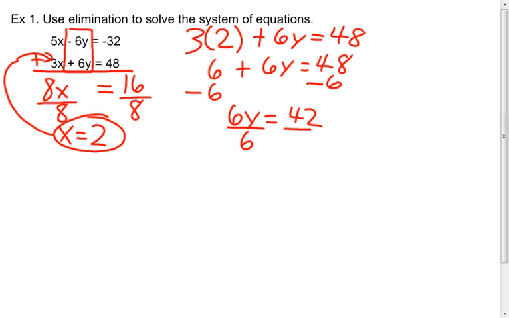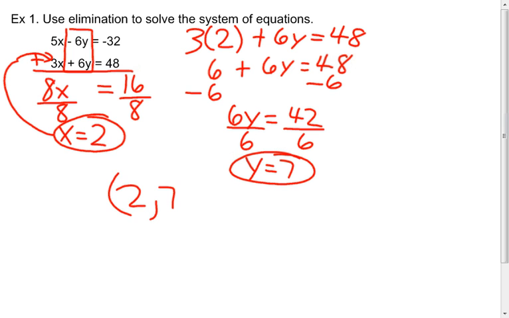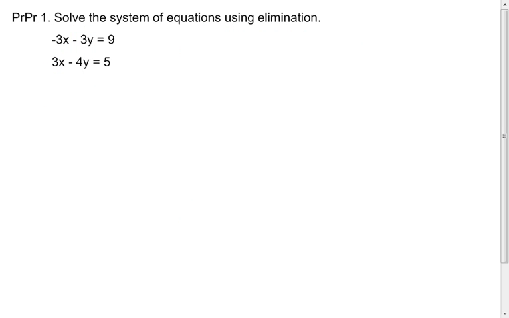Divide both sides by 6. y equals 7. So now I have my ordered pair, 2, 7. Example problem here, just like the one that I just did. These are opposites, so I'm going to add, and I'll let you do the rest.